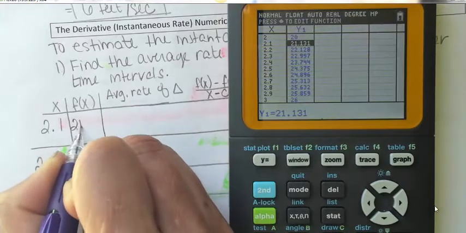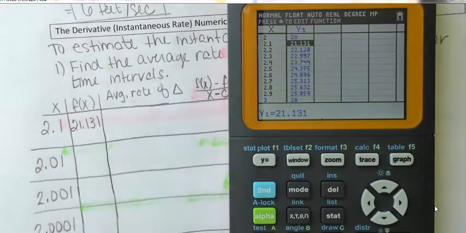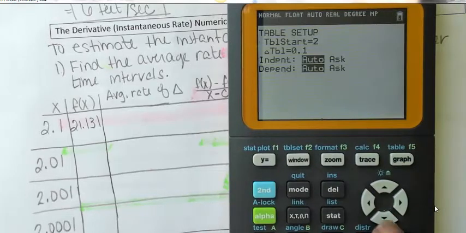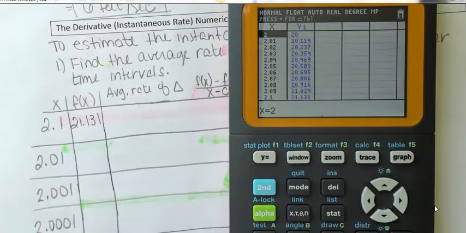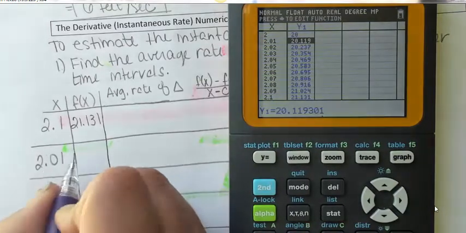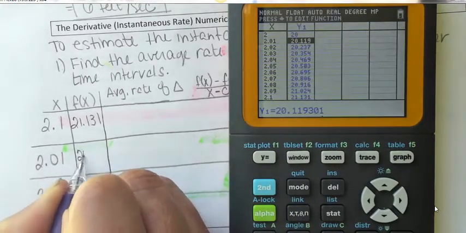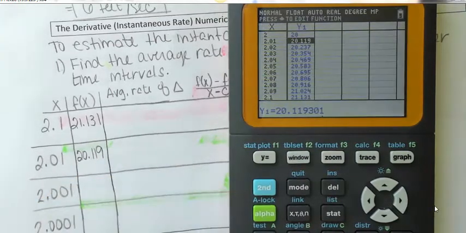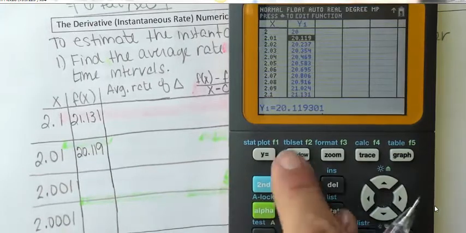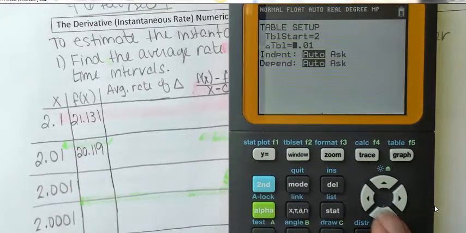So this is 21.131. That one was the exact same, but they will change. So let's add to the hundreds place now. So now this one is 20.119. Okay, let's go to the thousands place.